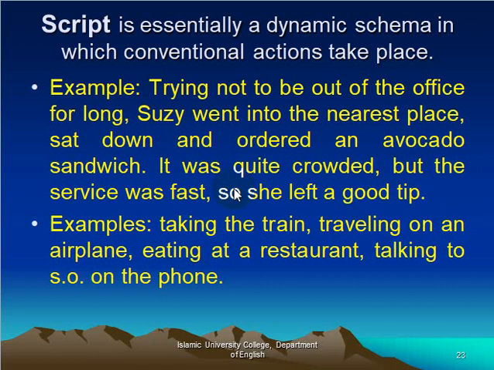This is one example of a script. Another example is taking a train, traveling on an airplane, eating at a restaurant, talking to somebody on the phone. This is another script. It's just like a scenario. However, here we use language in these chains of actions.